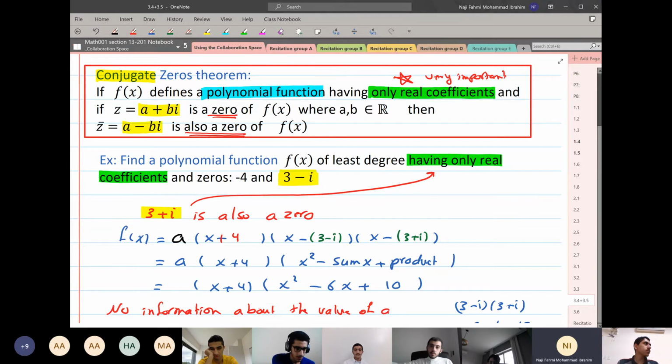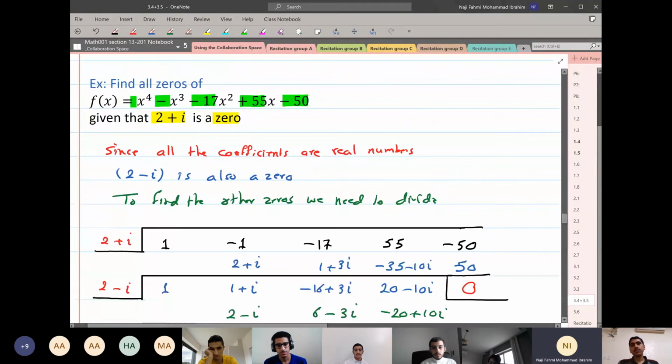Can we have two complex zeros for a polynomial? Yes, but with the same condition that the coefficients should be real. Can I have four complex zeros? Yes. Can I have five complex zeros?